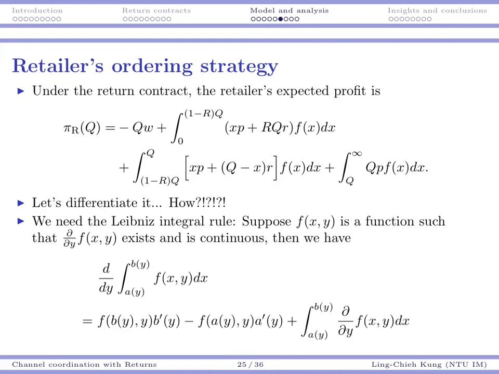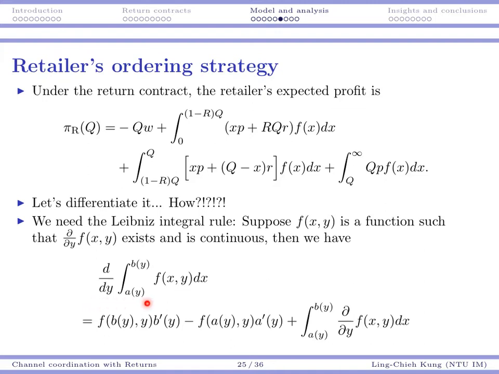But here, the problem is slightly more complicated, so let me try to help you refresh your memory. Suppose f of x, y is a function such that the partial derivative with respect to y exists and is continuous. Okay, these are just some technical assumptions, and we're going to assume they are true.